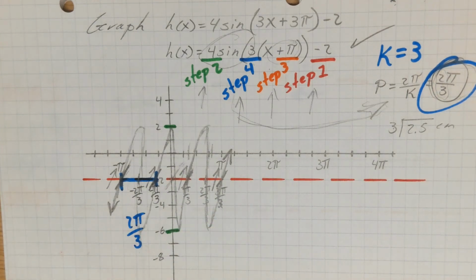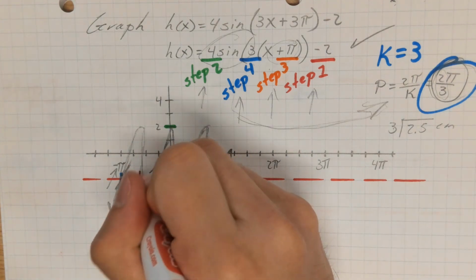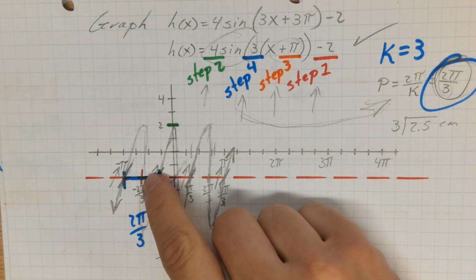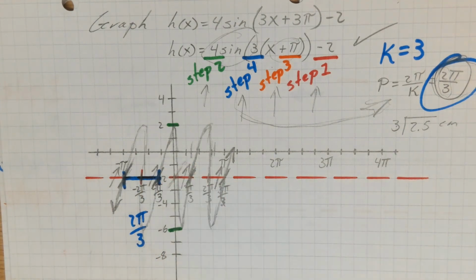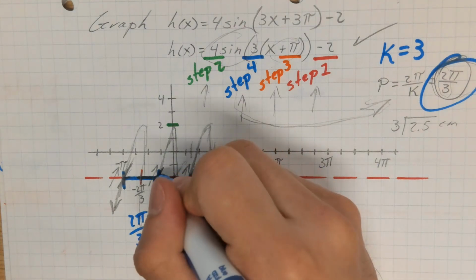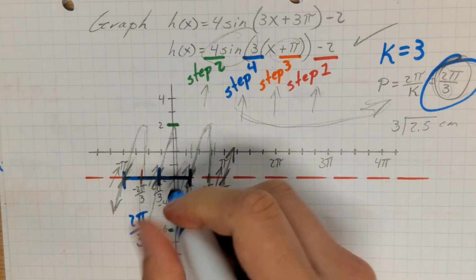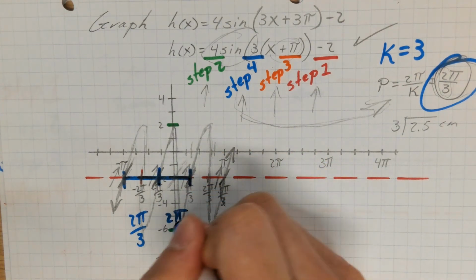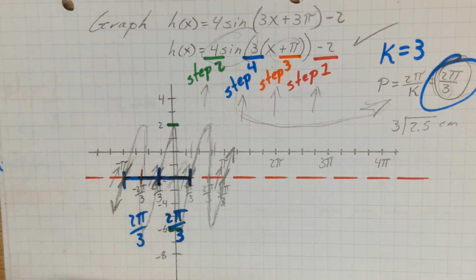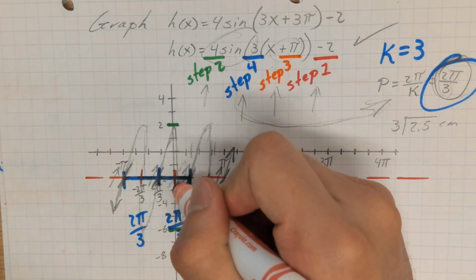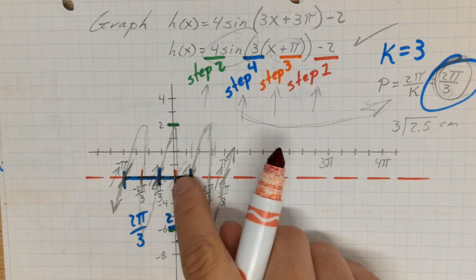You will also notice that halfway through that point, the graph will intersect the midline. In this one as well, the distance from here to here is also 2 pi over 3. And right there at the middle, my graph should have gone through this middle.